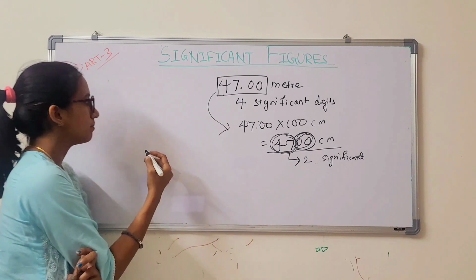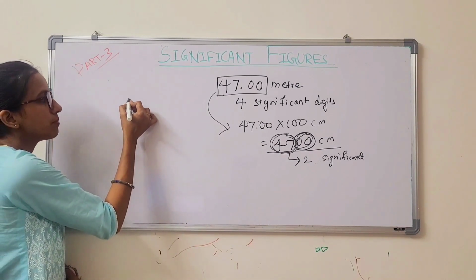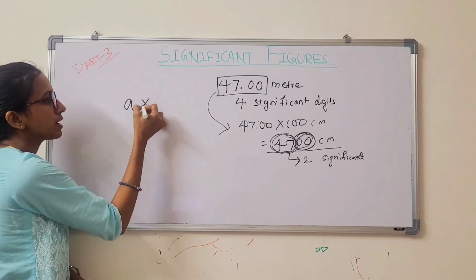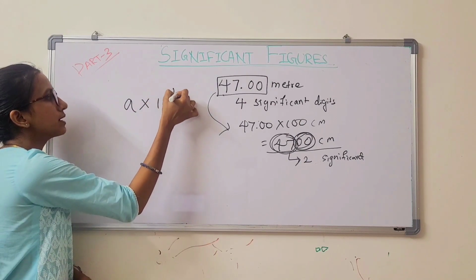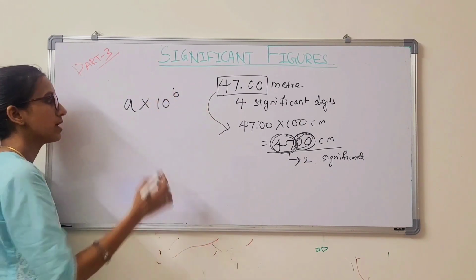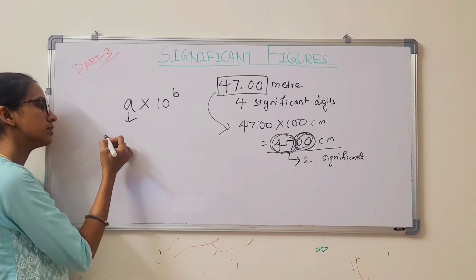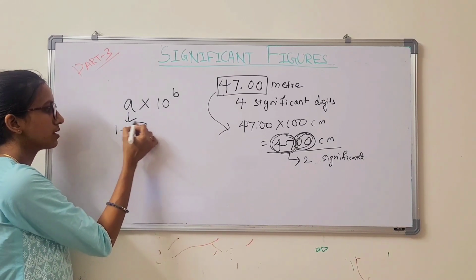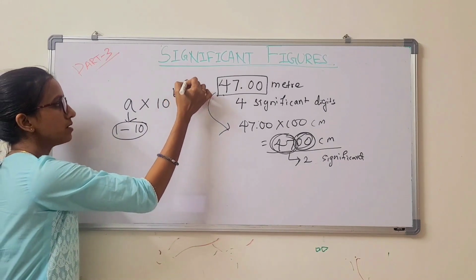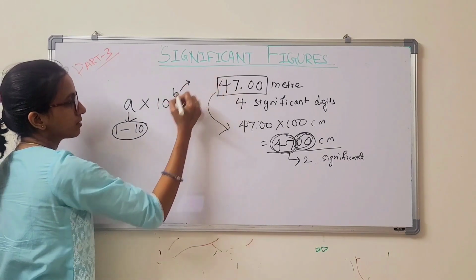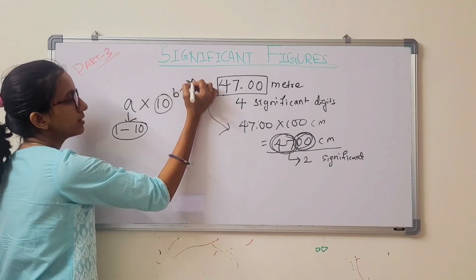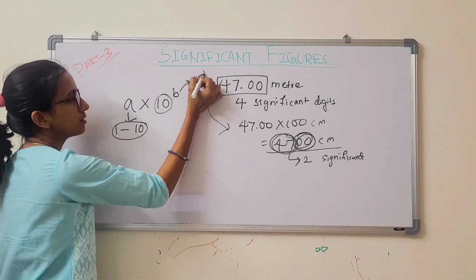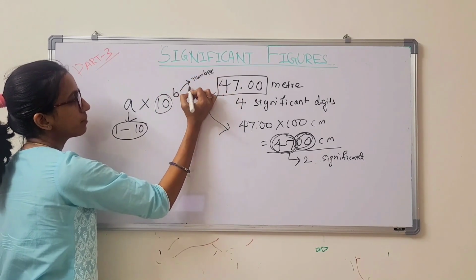In a scientific manner means we represent a measurement in the form of A multiplied by 10 to the power B. A is a number between 1 and 10, and B is also some power of 10. It may be positive or negative.